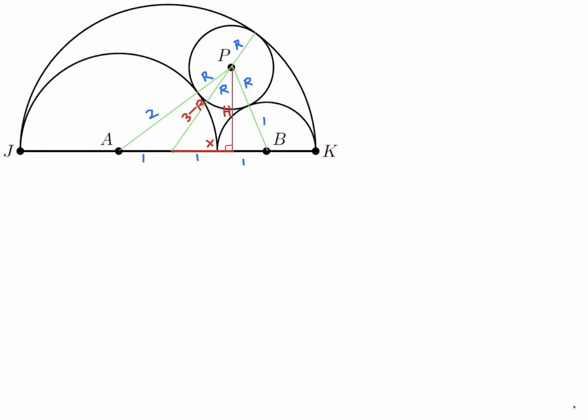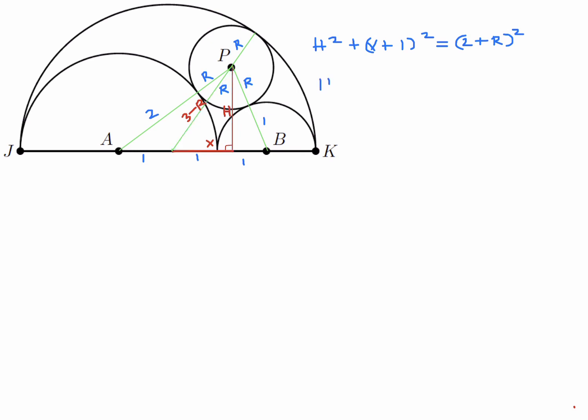Now at this point we have to come up with some equations, and we do that using Pythagoras. The first one involves that triangle. That gives me h squared plus (x plus 1) squared is equal to the hypotenuse, which is (2 plus r) squared. The next one is that triangle.